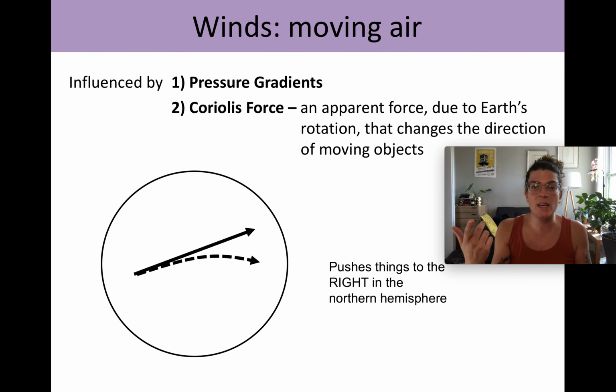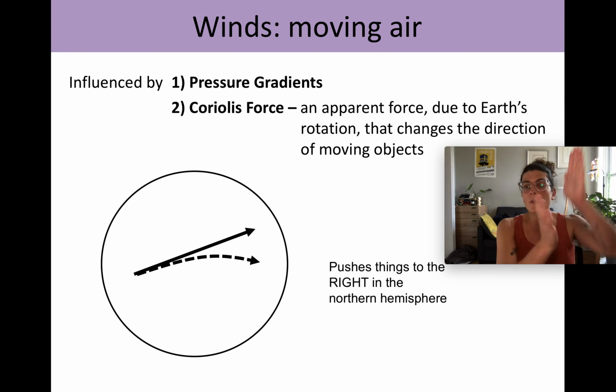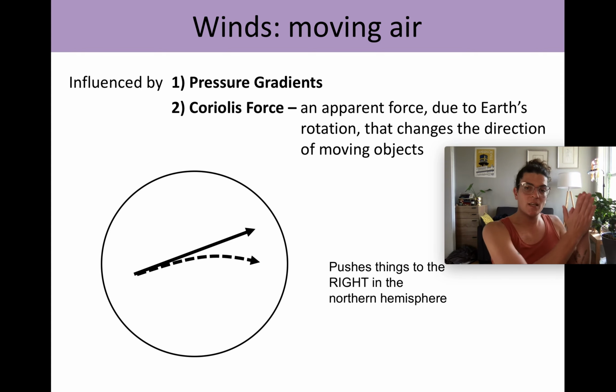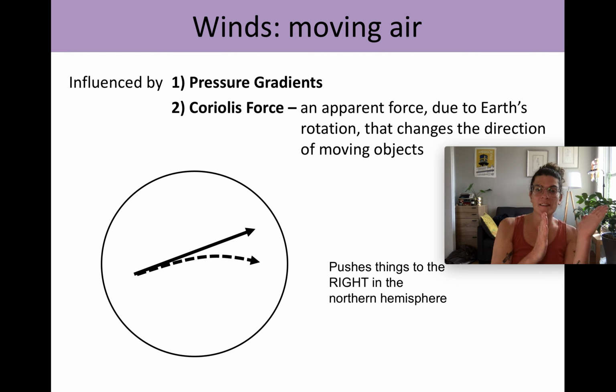So because the Earth is spinning, as things move through our atmosphere, they actually don't move from one point to the other. They actually turn slightly to the right of the original trajectory line. So if this is the original direction of the wind, for example, or an object, a ball, okay, and the Earth is spinning, the Coriolis force is actually going to pull the trajectory in this direction, right?